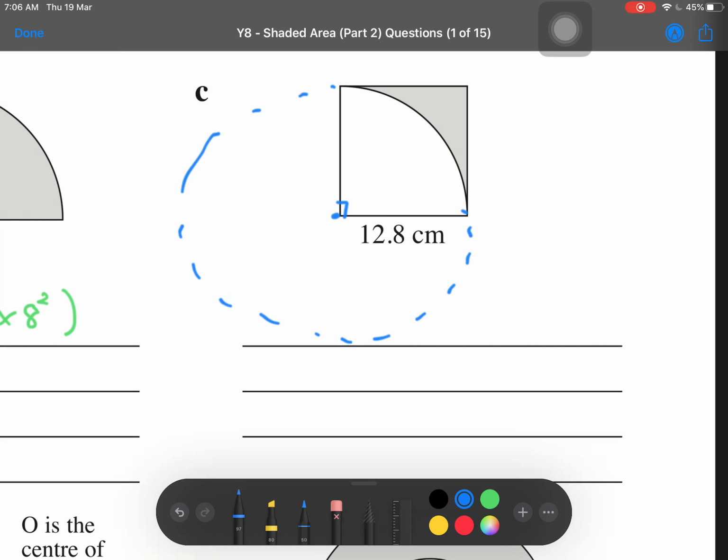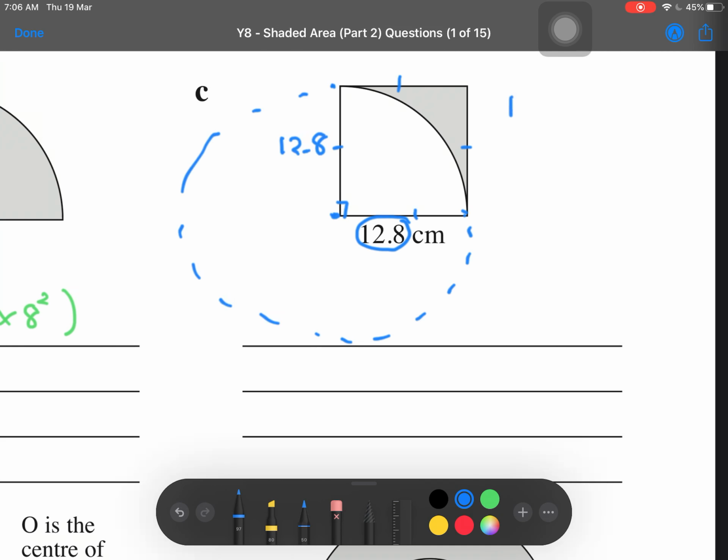A big circle should be like this, and this is a quarter of it. If that's the case, from the center to the circle, we call this the radius. From the center to the circle, we call this the radius as well. So without even telling you that it's a square, you must be able to identify this.